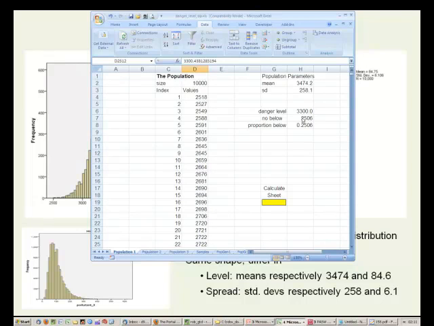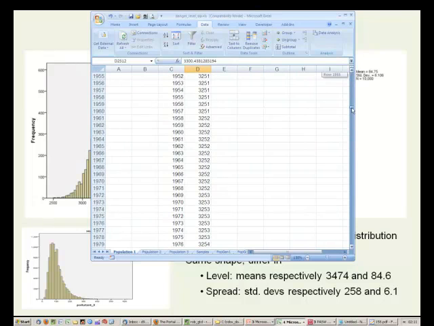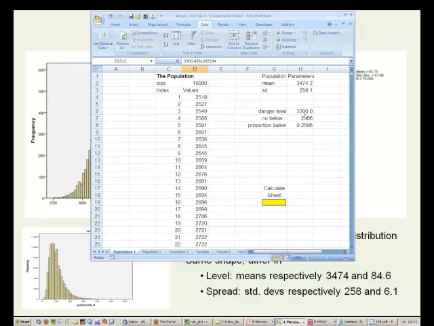So 2,506 is coming out, that's in the middle. So that's the number of locations where the pollution level is less than 3,300. So there's no need to do this visually each time. We can just rely on this to count how many locations have less than this amount of pollution.